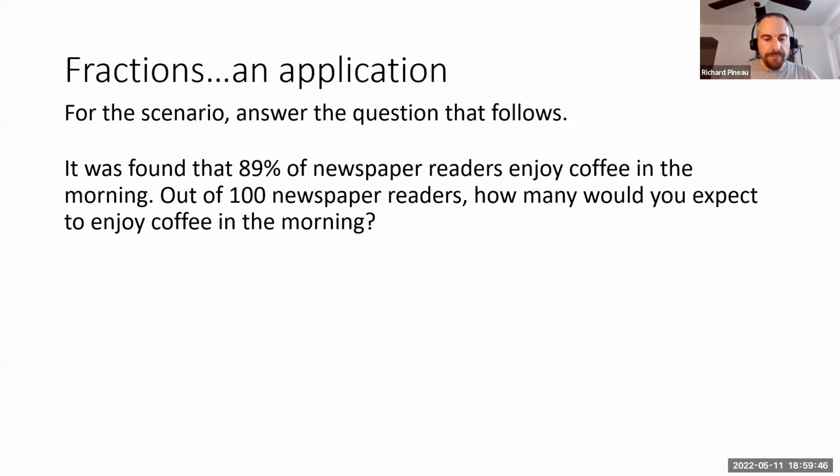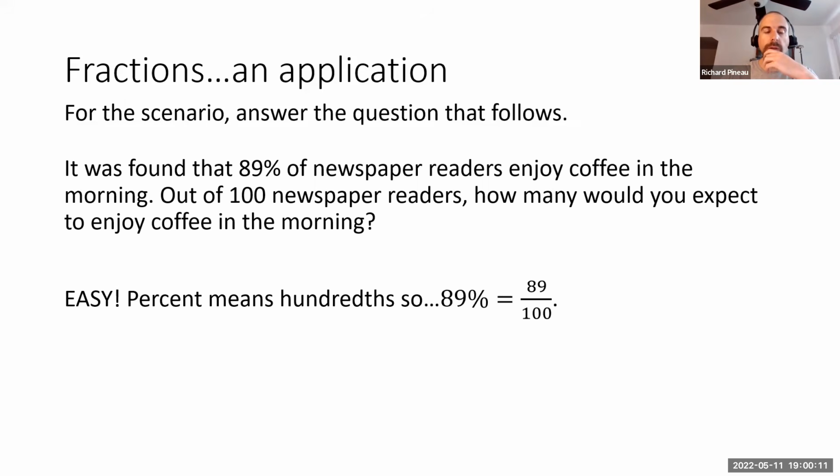Okay, here's another one. Let's suppose it was found that 89% of newspaper readers enjoy coffee in the morning. Out of 100 readers, how many would you expect to enjoy coffee in the morning? Well, this is pretty easy because percent means hundredths.